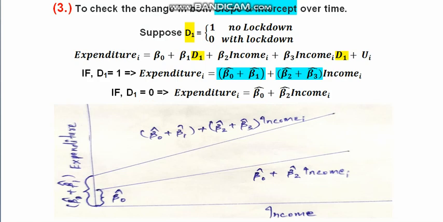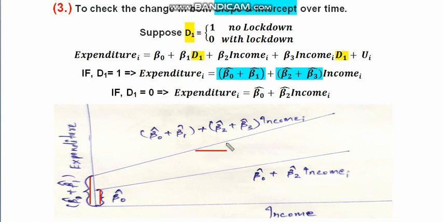Now we can also understand this from the diagram. We are checking for both the slope as well as the intercept. So this will represent the changes in the intercept, that is beta naught cap plus beta 1 cap, which is increased from beta naught cap.